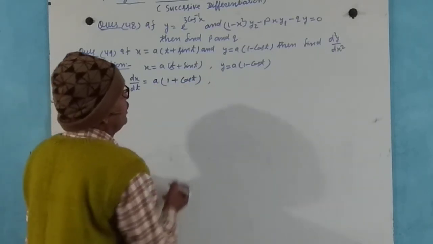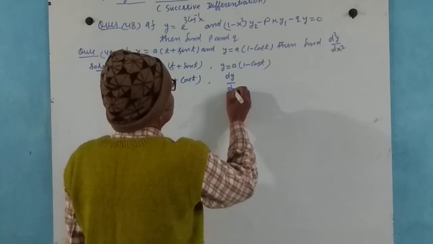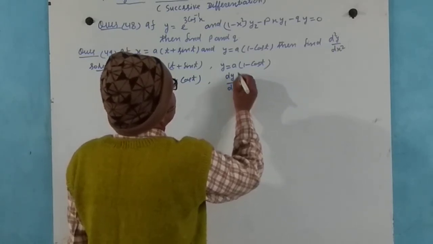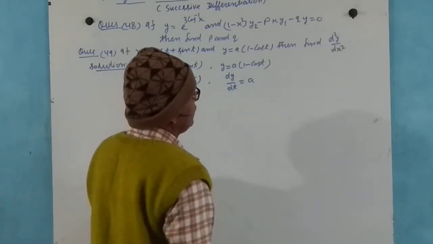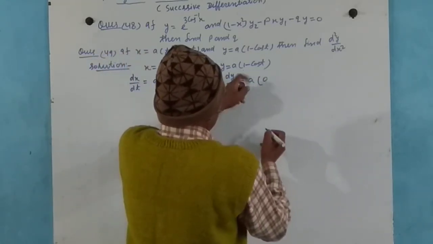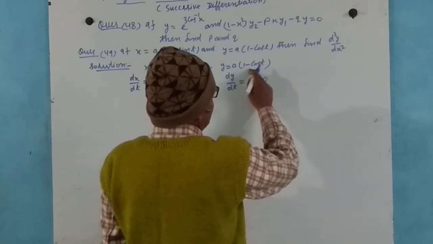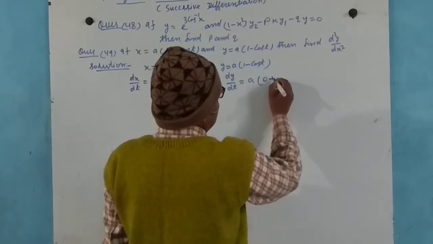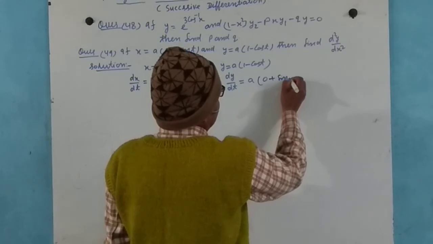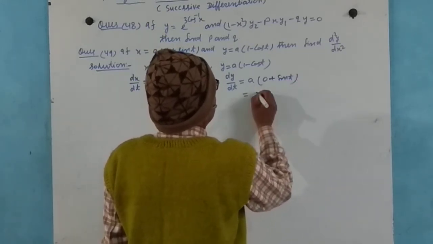Now dy by dt: this is a, and differentiation of 1 is 0, and of cos t is minus sin t, so that it becomes positive sin t. It means that this is equal to a sin t.